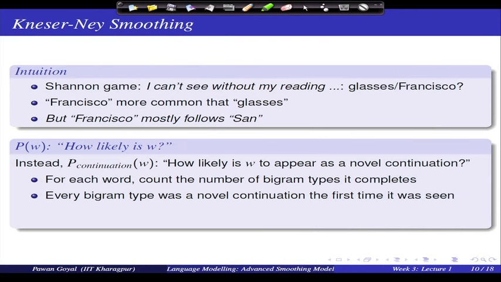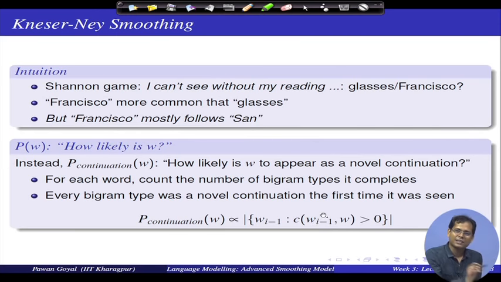Whenever a bigram occurred for the first time, it was like a novel continuation. So the probability is proportional to the number of bigrams it is completing: how many w_{i-1} are there such that w occurs after it in my corpus. That is the probability of continuation.